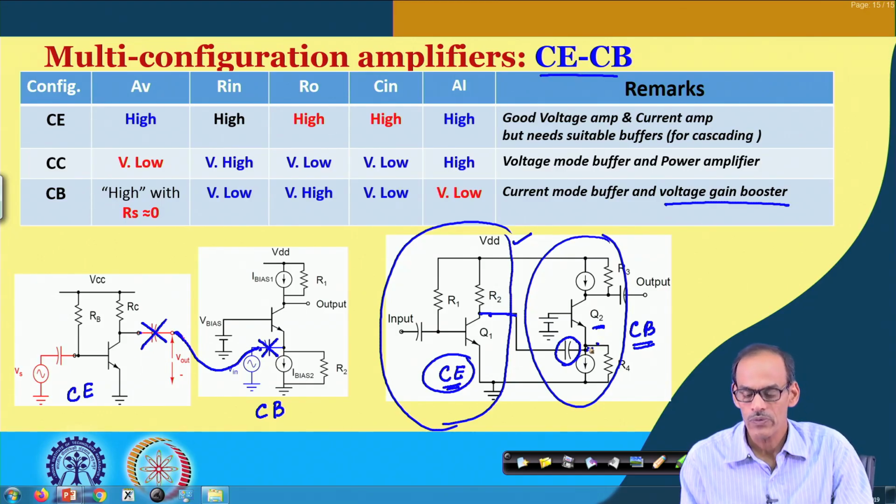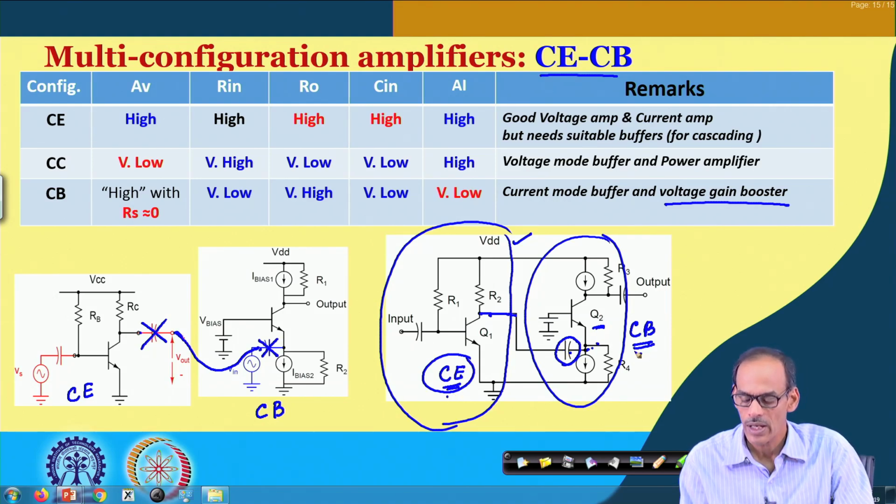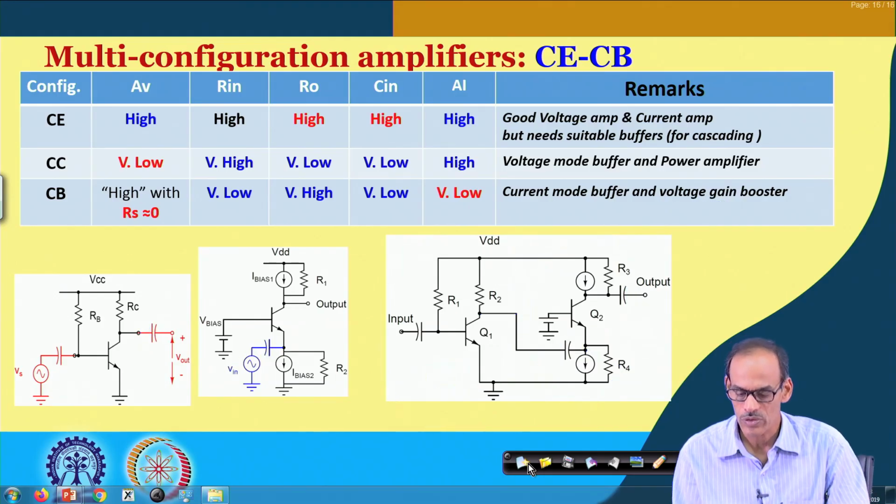Now, we can modify this connection without putting this capacitor here, but of course, we should have a meaningful connection. And in the next slide, we will discuss how we can cleverly directly couple the CE and CB stages together, and that gives us the new configuration called cascode configuration.